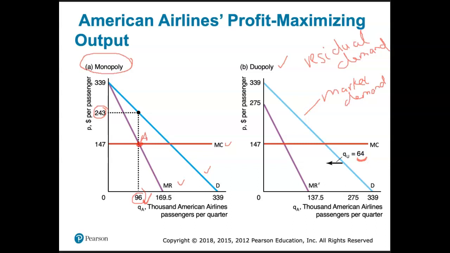So the quantity for United Airlines is QU, and United Airlines is flying 64 passengers. Then the market demand curve will shift to the left by 64 and produce a new demand curve, which is going to be the residual demand curve for American Airlines.